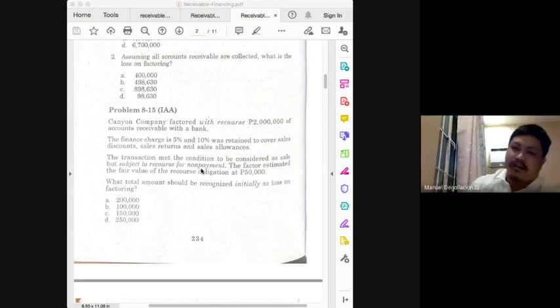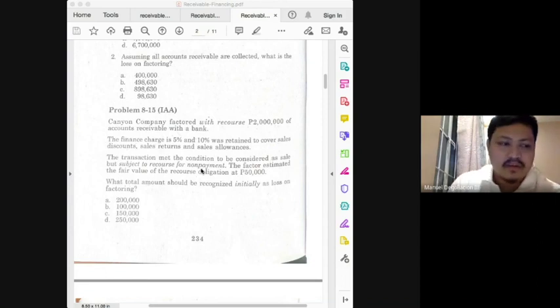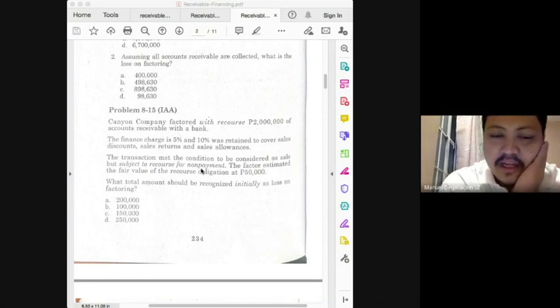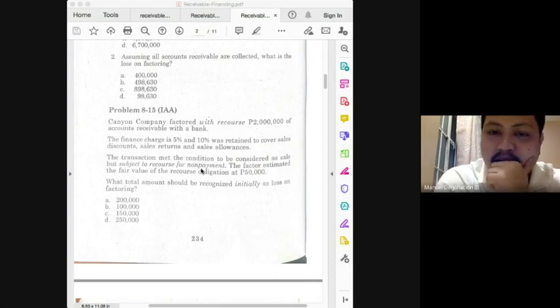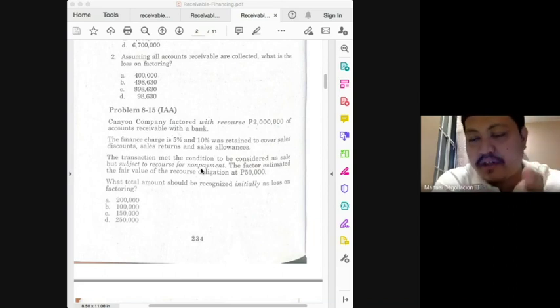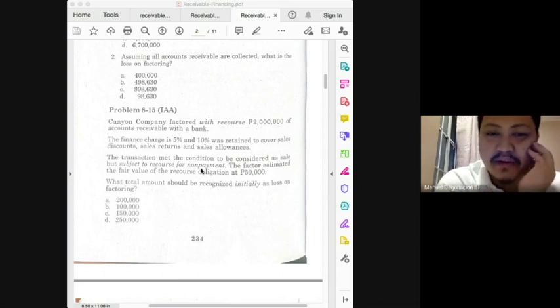Okay, but if later on the liability will not materialize, if there is nothing to pay for the recourse liability because there is full collection, then the loss will simply be reversed.